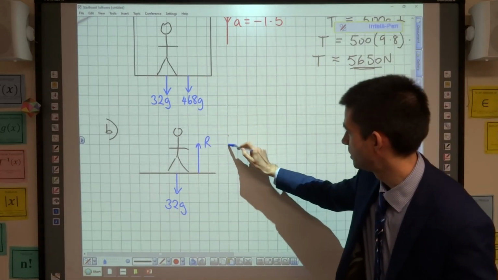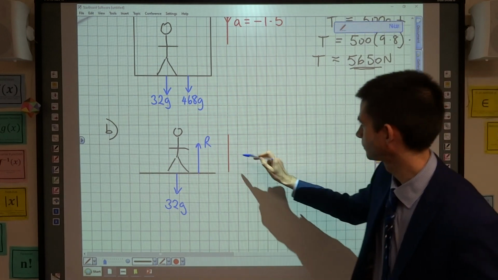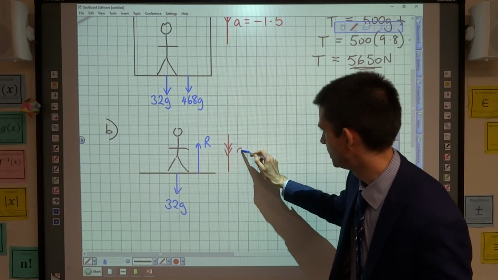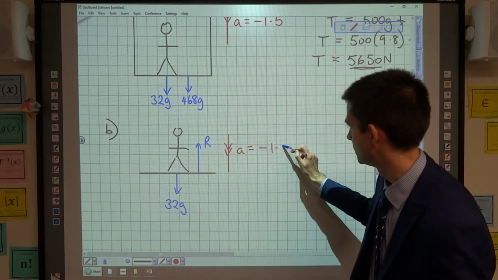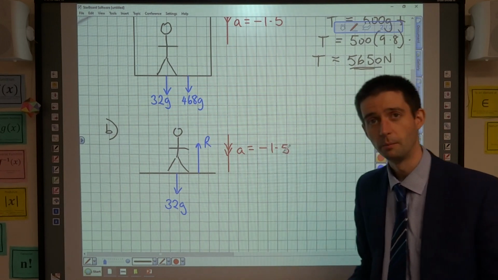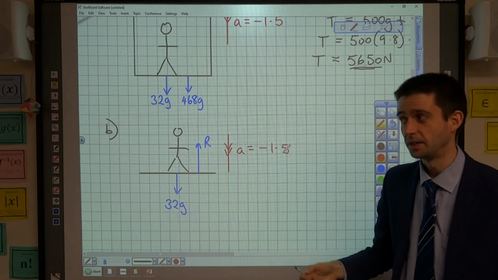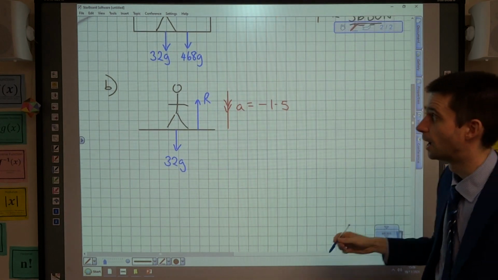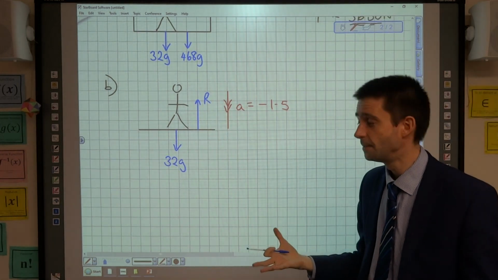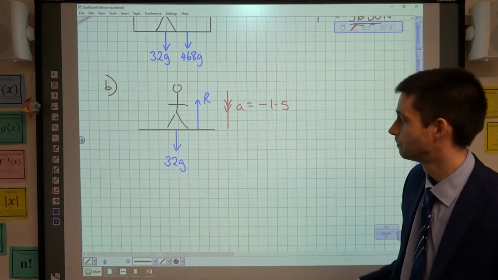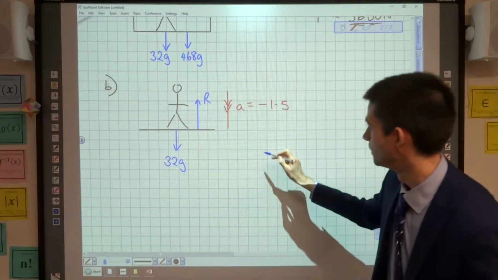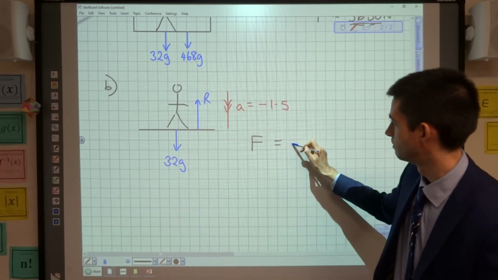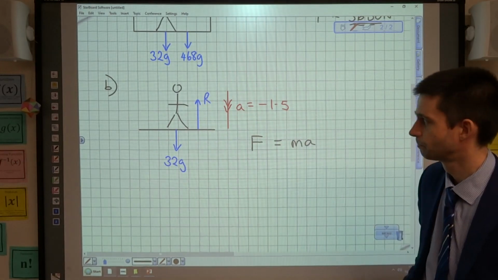Now, the system is still descending with the deceleration of 1.5, so it's still a equals negative 1.5, descending but slowing down. And then I just need to do similar to what I did in part A, resolve in the direction of motion using resultant force equals mass times acceleration.